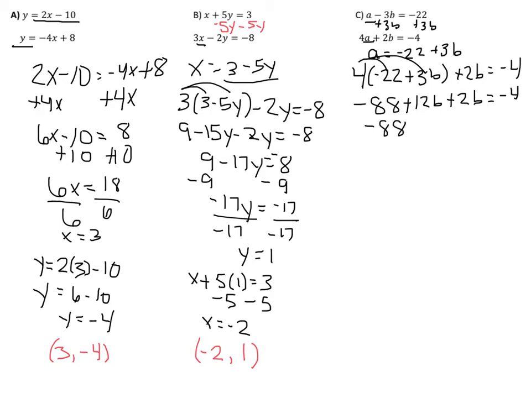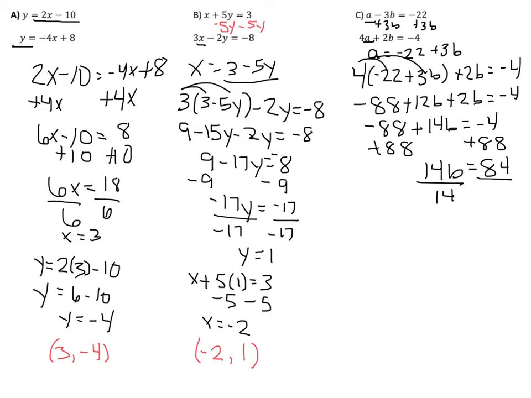When I combine like terms, I'm going to have negative 88 plus 14b equals negative 4. I'll add 88 to both sides and end up with 14b equals 84.